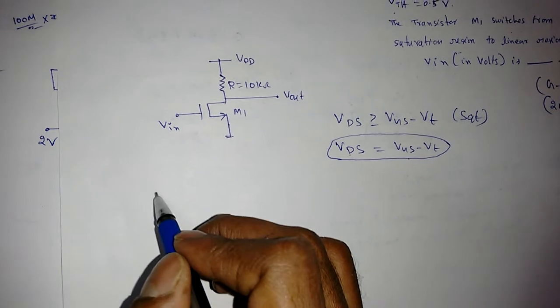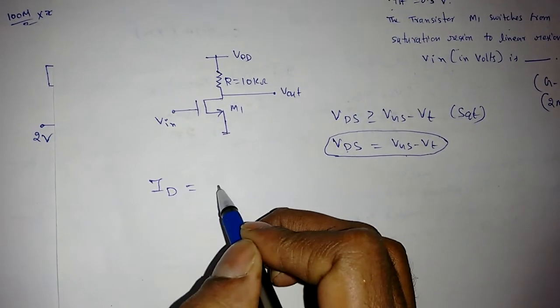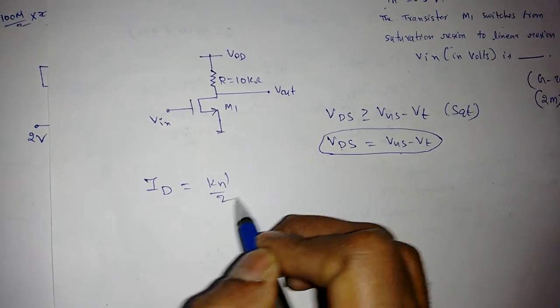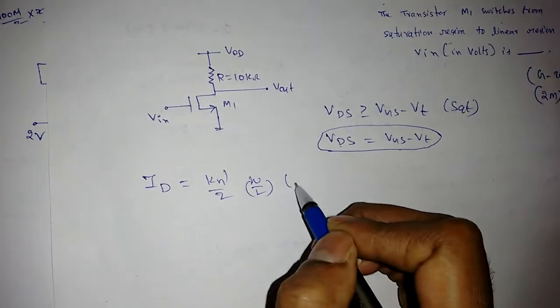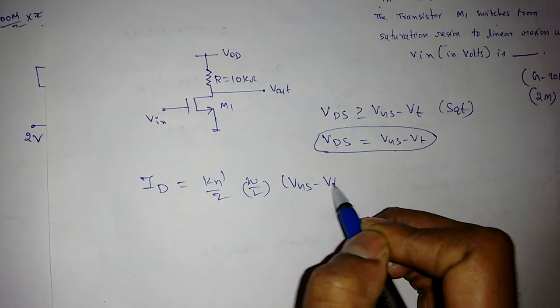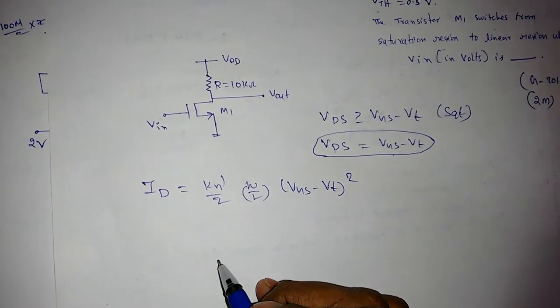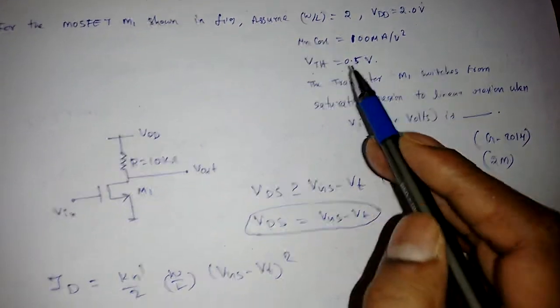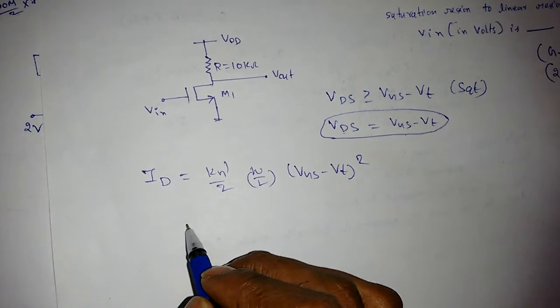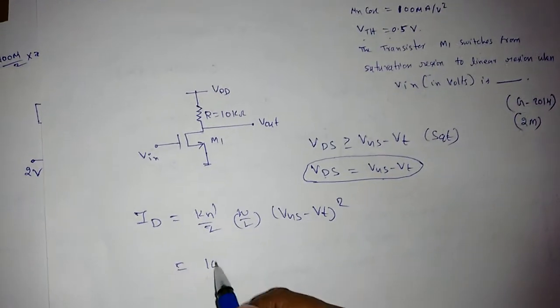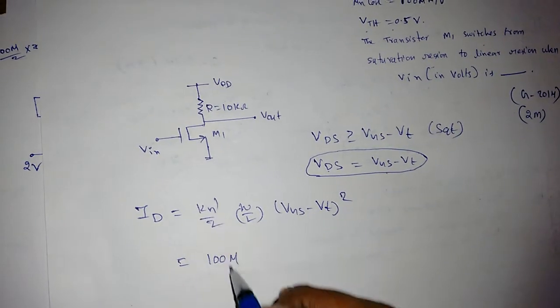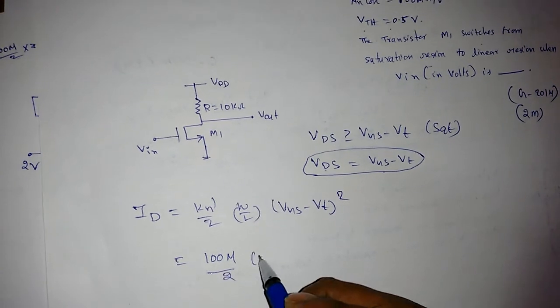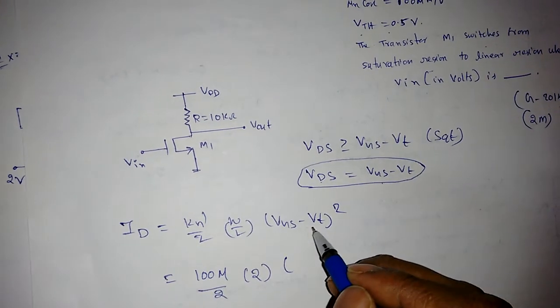So we know that ID is equal to Kn dash by 2 W by L into (VGS minus VT) whole square. Now W by L is given, VDD is given, mu n Cox is given, VTH is given. So ID is equal to Kn dash, which is 100 micro, that is mu n Cox by 2, W by L is also given 2. We don't know VGS minus VT.